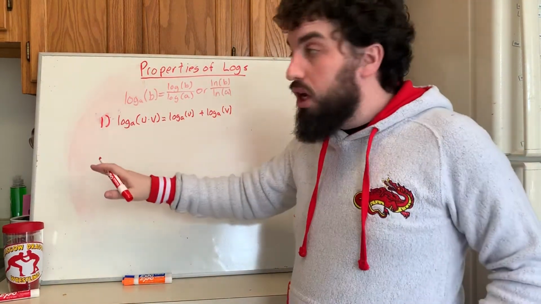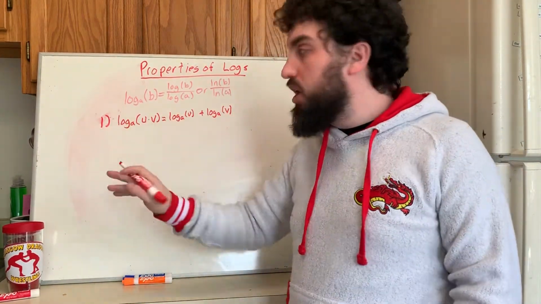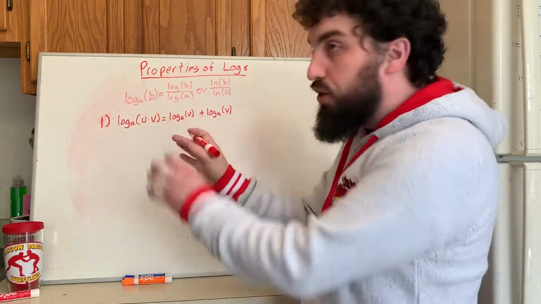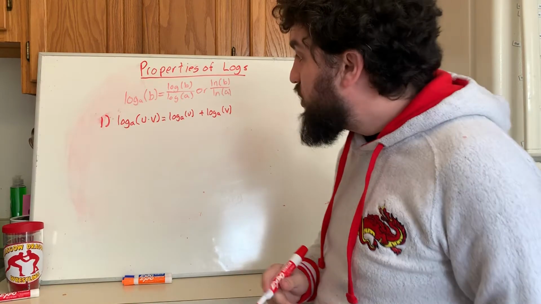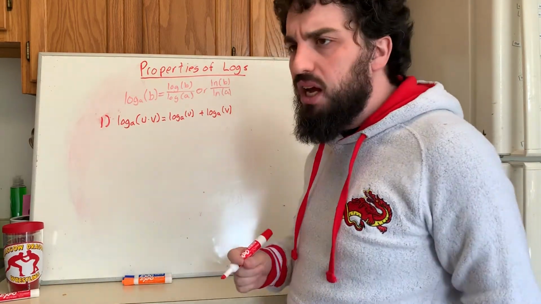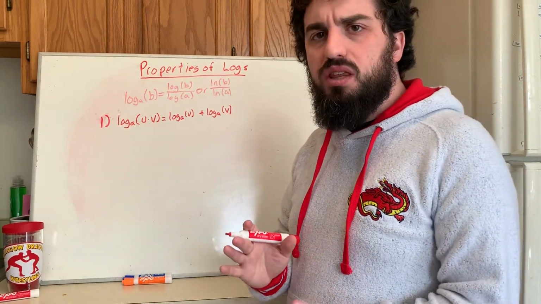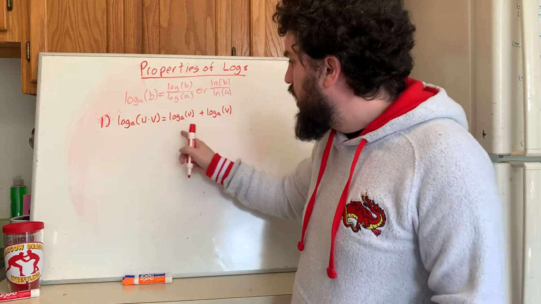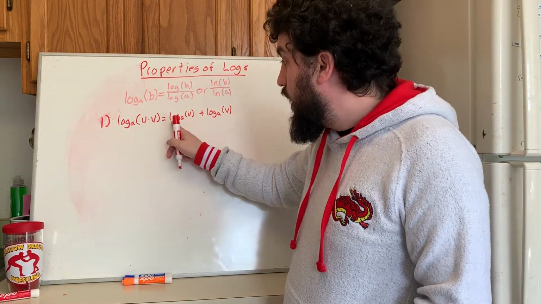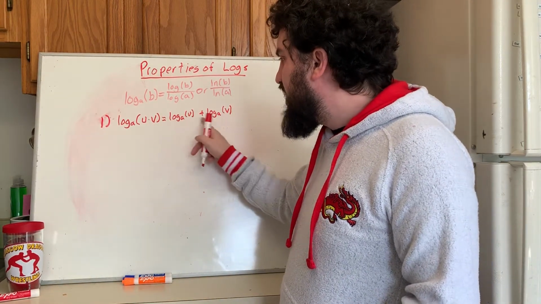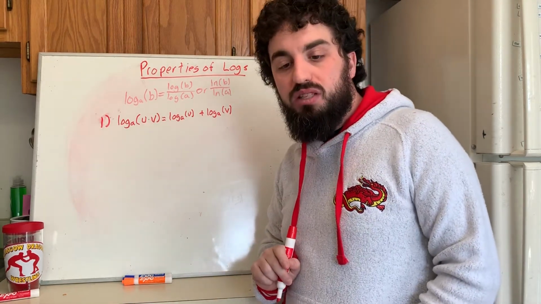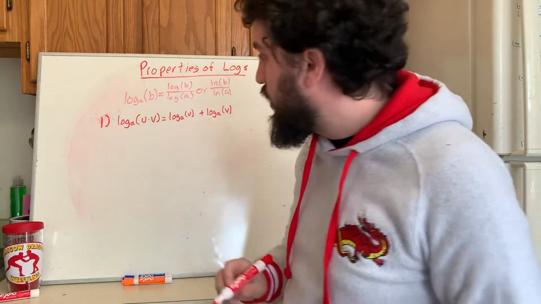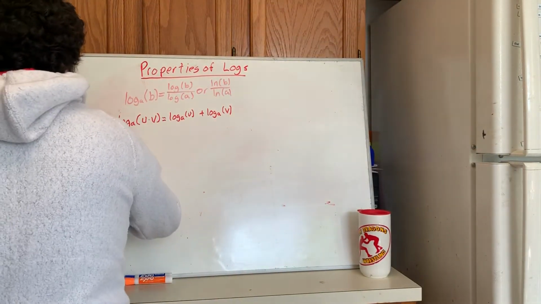So if I'm looking to expand something out, if they're multiplied together, split them up with addition. Now if I'm getting to the end of my answer and want to condense everything, make everything a little neater looking, I could say, well, since these are added together, I can take what's inside each log and multiply them together. That's property number one we're concerned about.